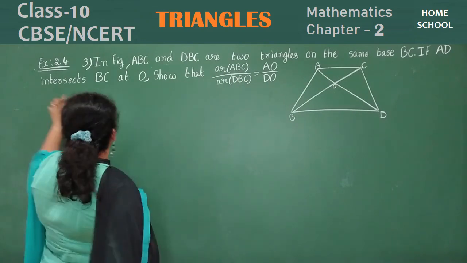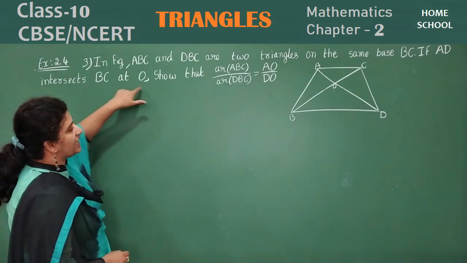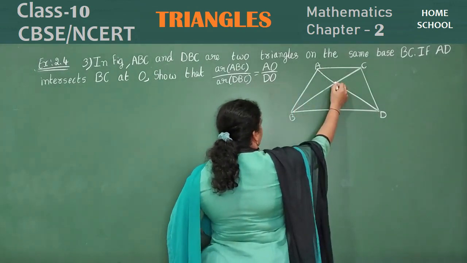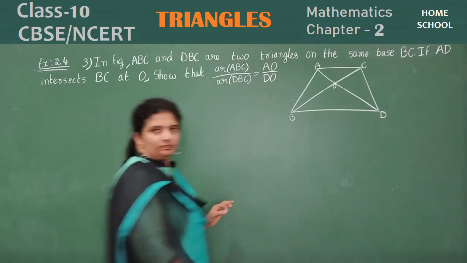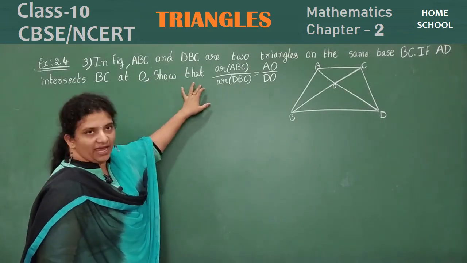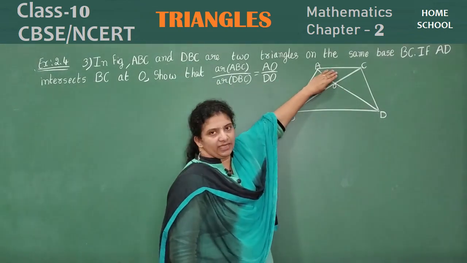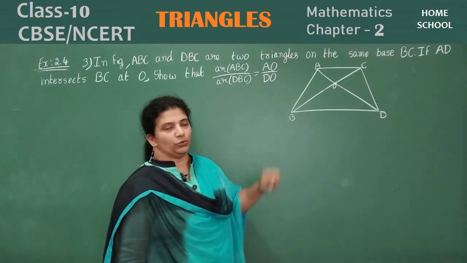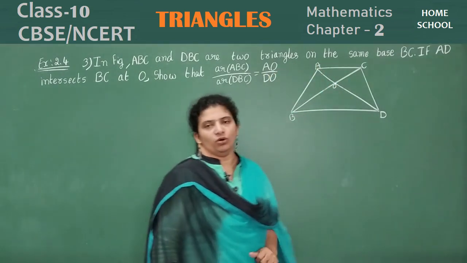If AD intersects BC at O, show that area of this triangle by area of this triangle is equal to AO by DO.